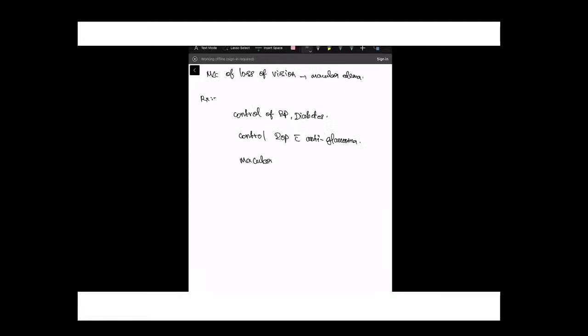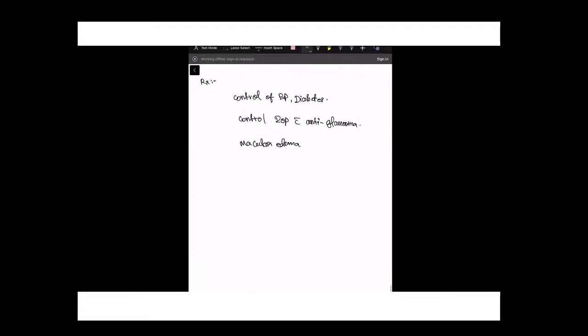Macular edema is treated with intravitreal anti-VEGF and steroids.